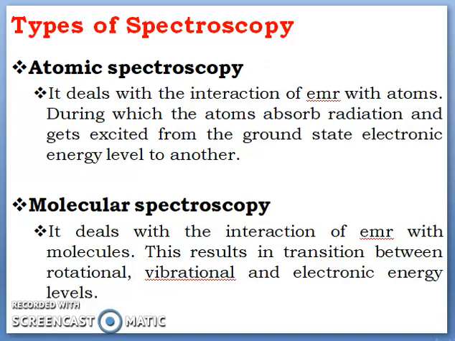In an atom, one cannot expect rotational or vibrational transitions, whereas electronic transitions can be expected. In the case of molecules, you can have rotational, vibrational and electronic energy levels, which results in transitions between the rotational, vibrational and electronic energy levels.